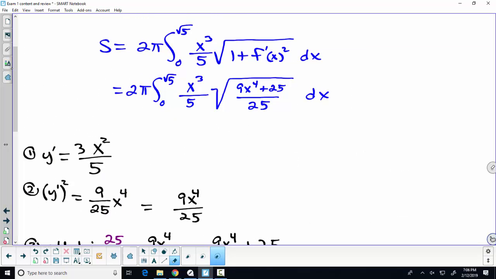Okay. So write this however you want, but the idea is that this inner function's derivative, or a constant multiple of its derivative, is right there. So use substitution.